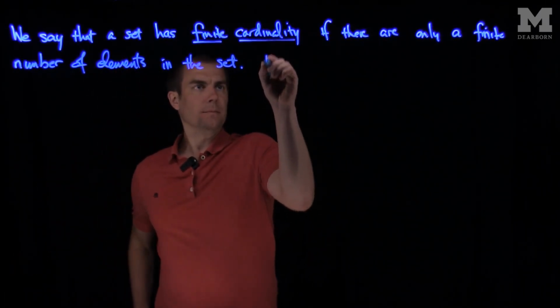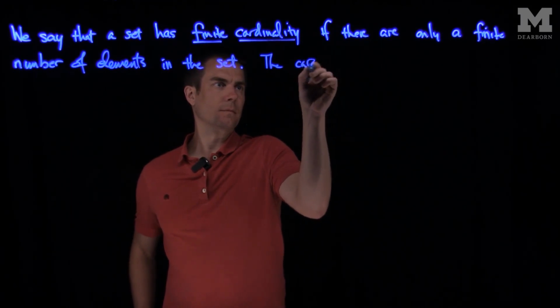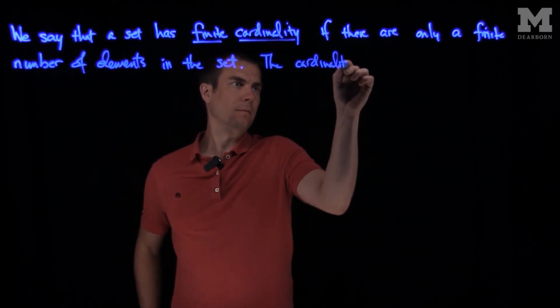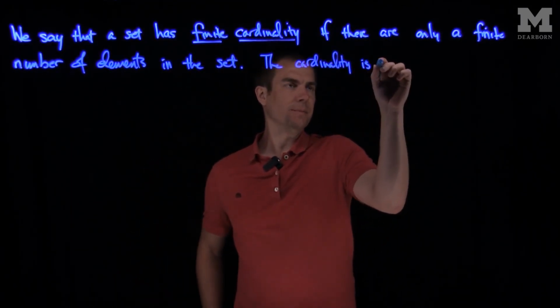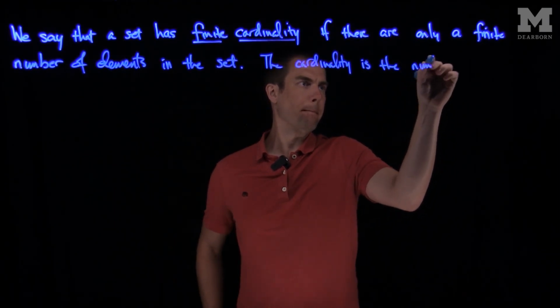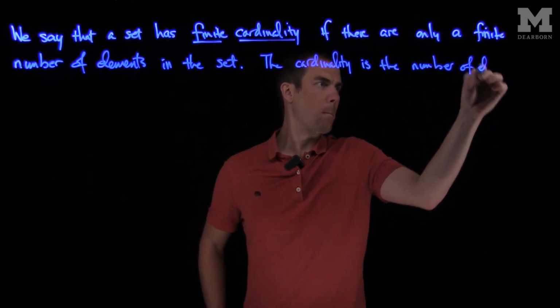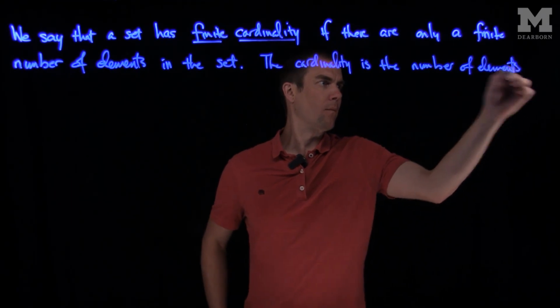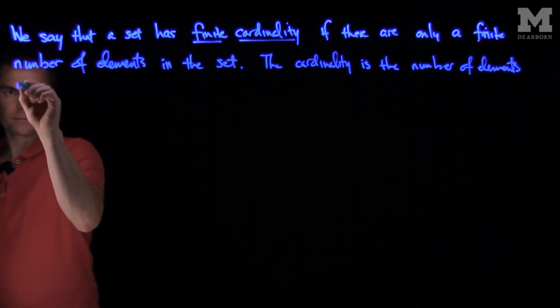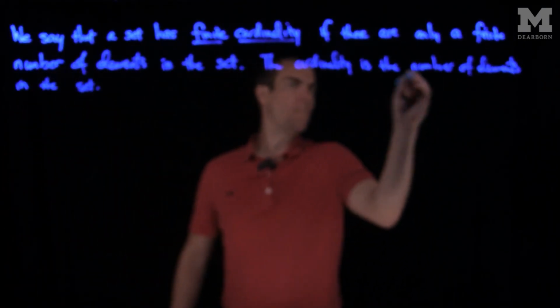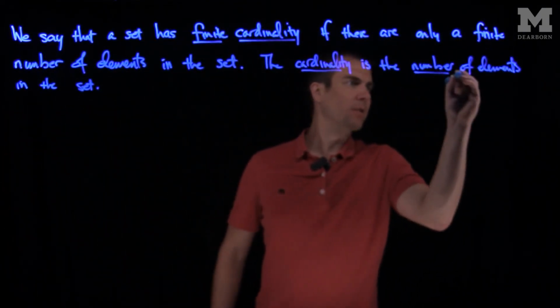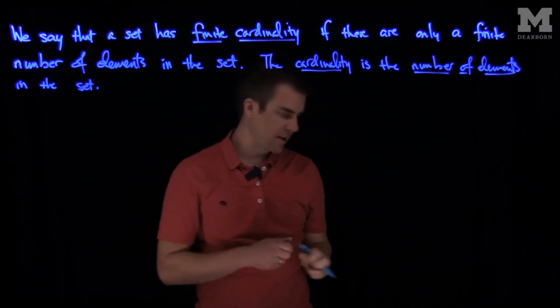The cardinality is the number of elements in the set. So cardinality is the number of elements in a set if the set has finite cardinality.